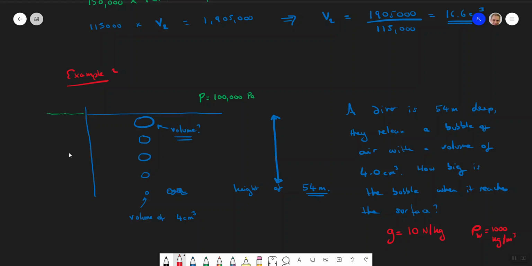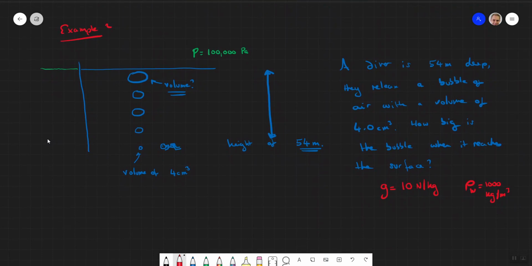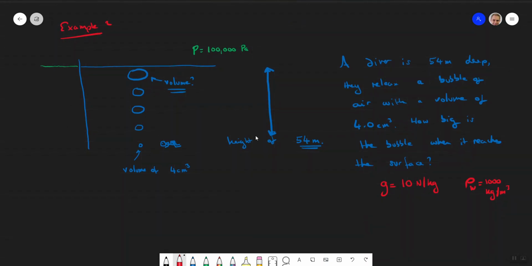I'm going to give you those two bits of information because we have to work out what the pressure at this depth is. And to do that, we have to use the equation that the increase in pressure due to a liquid is density times gravity times height.